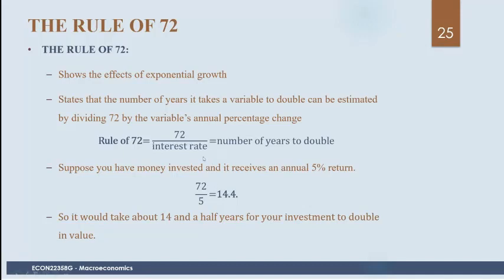So we can use this little tool: we could just be given a growth rate. All you need to tell me is the growth rate of the country, and then I can take 72, divide by that number, and tell you how long it'll take for whatever series to double. If the real GDP per capita is growing at 5% per year, then their real GDP per capita will double in 14.4 years.